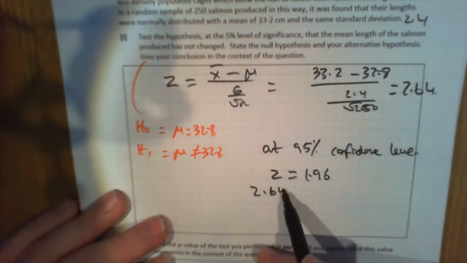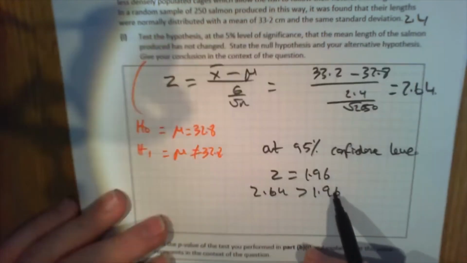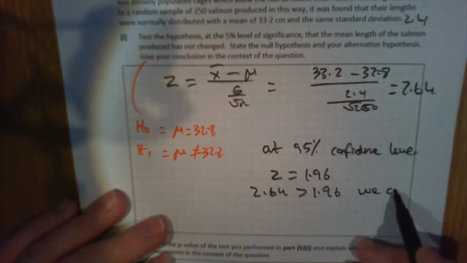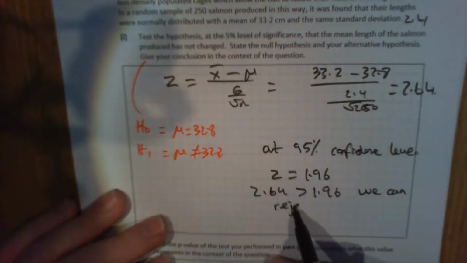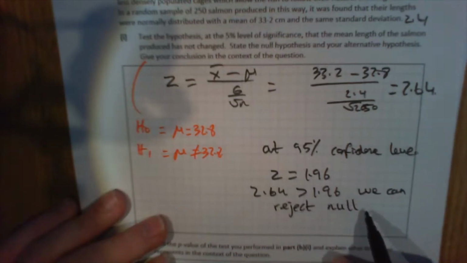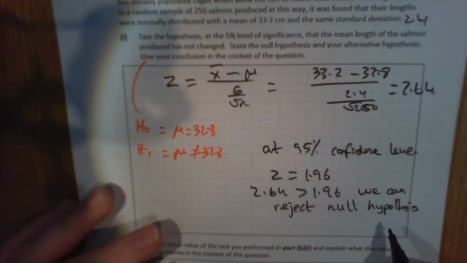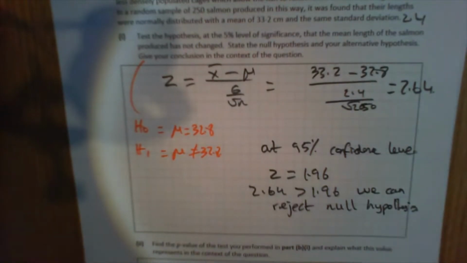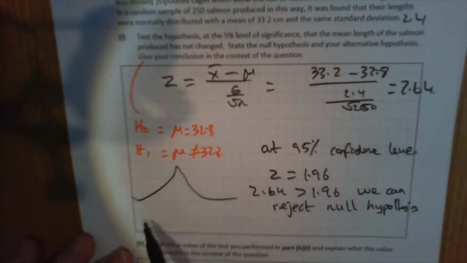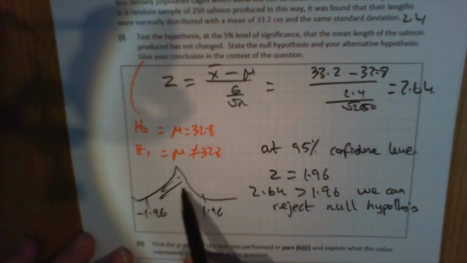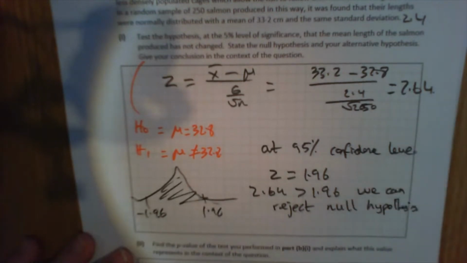As 2.64 is greater than 1.96, we can reject the null hypothesis. So we can reject it because it's outside. Okay, we can only accept it if it's inside minus 1.96 to plus 1.96. We can only accept it in that area. And anything outside that area that's generated as Z score, we reject.